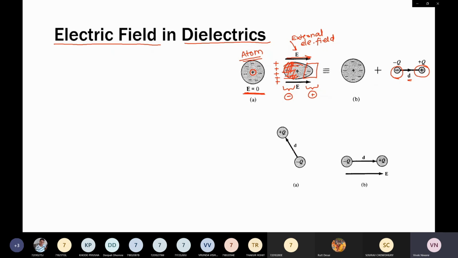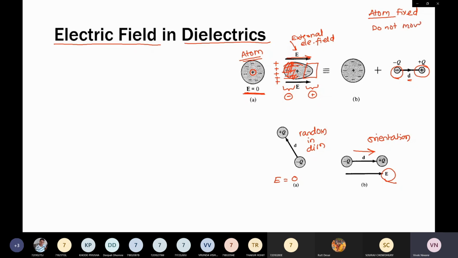In the absence of external electric field, these dipoles are random in direction. But as soon as we apply electric field, they get some orientation depending upon the direction of the electric field. So all these things happen very interestingly inside the dielectrics, knowing that all the atoms are at fixed positions.